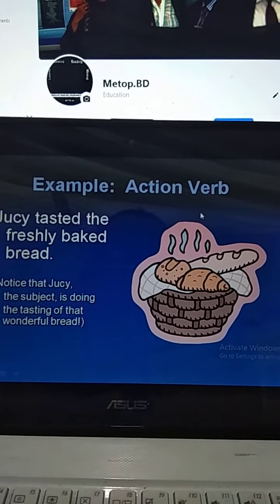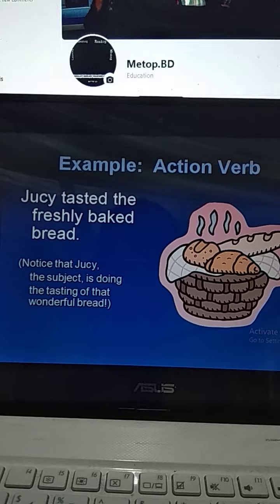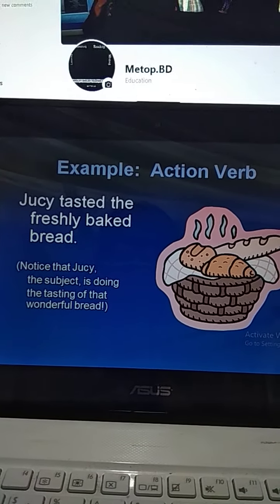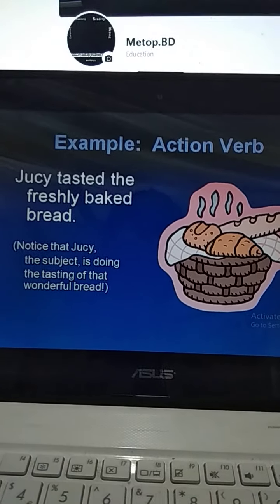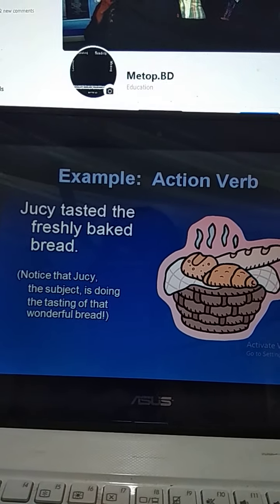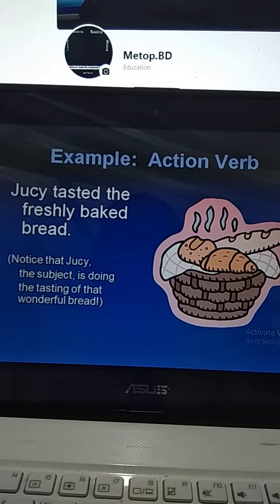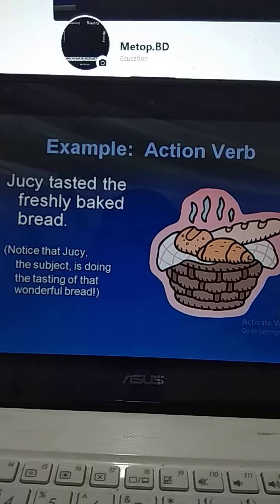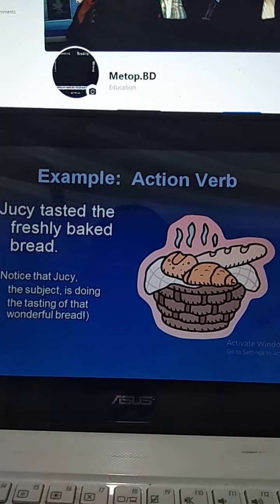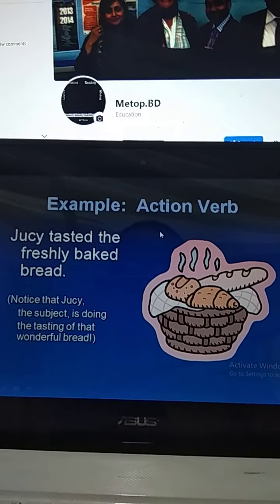Next, example of action verb: Juicy tasted the freshly baked bread. Here notice Juicy. The subject is doing the tasting of that wonderful bread. Juicy is doing the action. It's yummy cake.